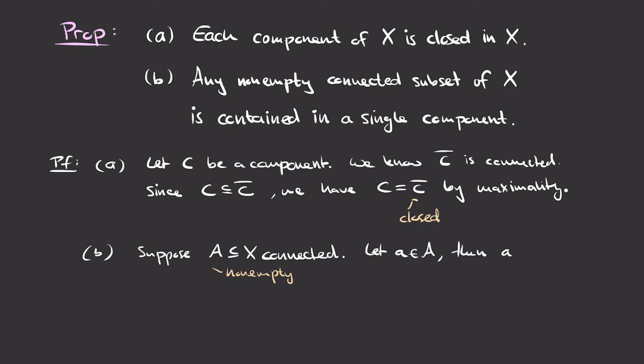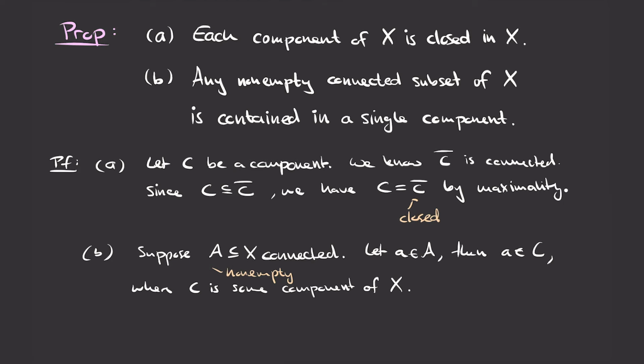Well, then small a lies in some component C of our space. This is because the components of X partition the space, so every point in X lies in some component. Now we basically use the same argument we did before, because now the subset A and the component C share this point small a in common, and both are connected.